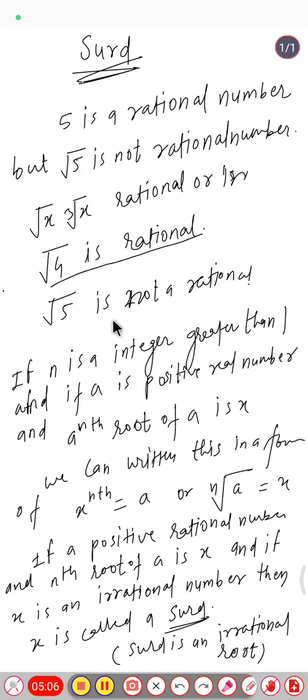So such numbers, given a positive rational number a, if the nth root of a is x and x is an irrational number, then x is called a surd. So basically root 5 is a surd.